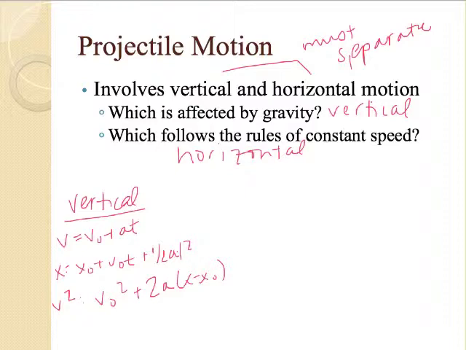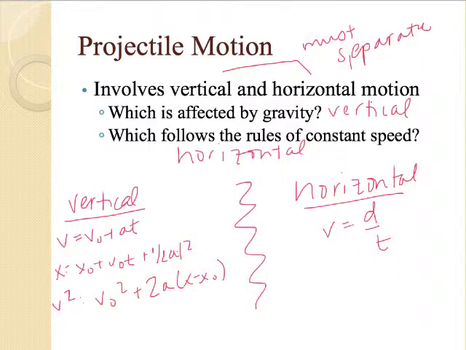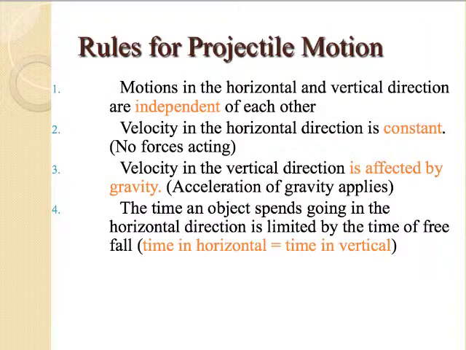So vertical uses all equations that involve gravity or have acceleration in them. Horizontal, however, is constant speed. So the only equation you'll be using with horizontal is that velocity is equal to distance divided by time. Keep them separate. This will make more sense as we get into some problems.